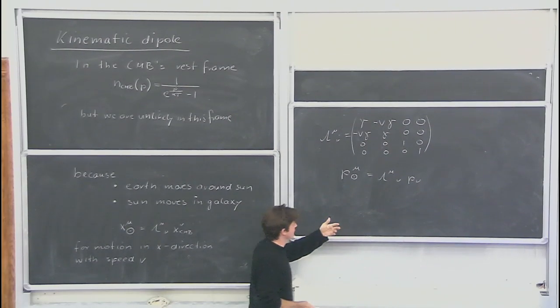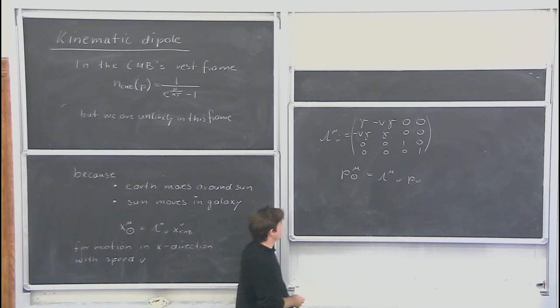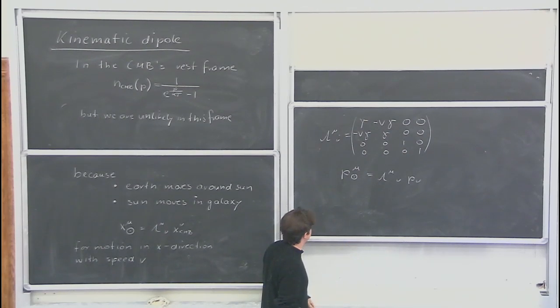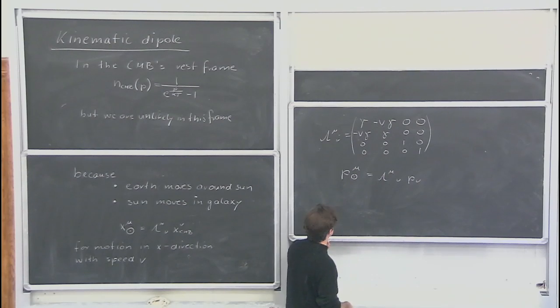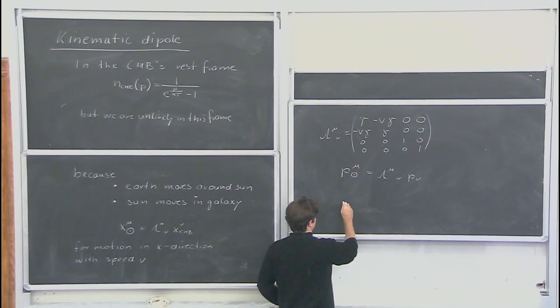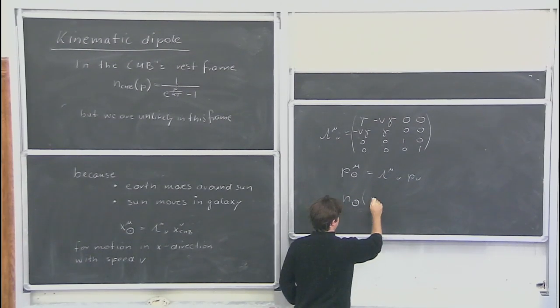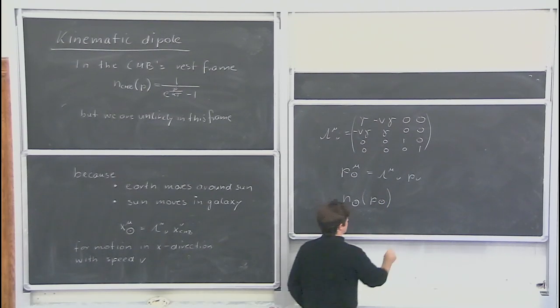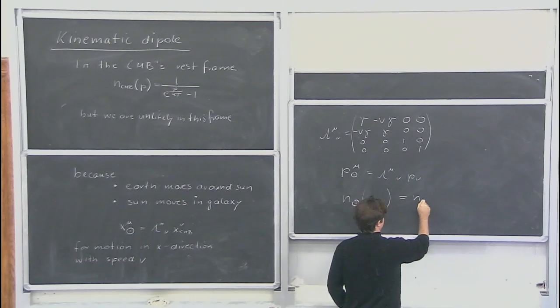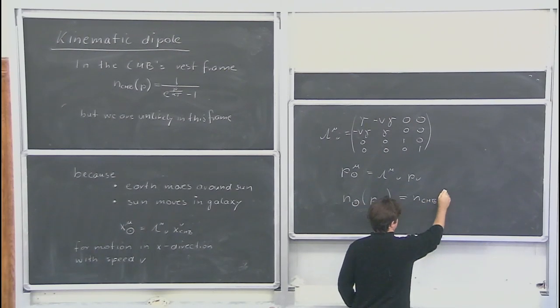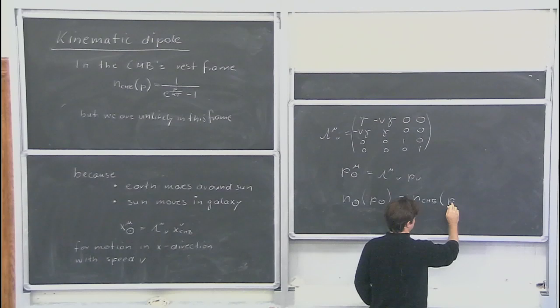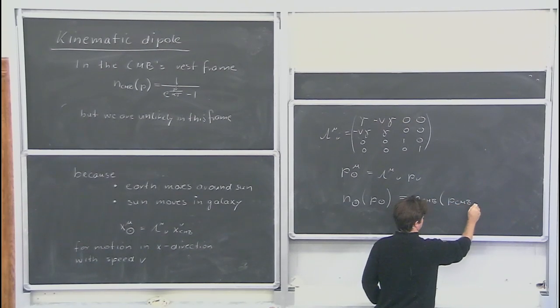If you have 5 photons with a given label, then there will still be those 5 photons around. So the occupation number in the frame of the satellite or the solar system, evaluated at the momentum assigned by the observer in that frame, should be the same as the occupation number in the CMB frame at the momentum assigned to that set of photons in the CMB frame.